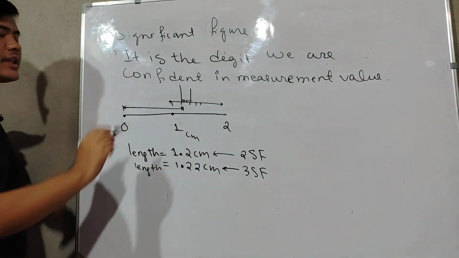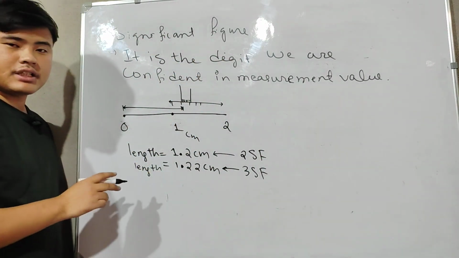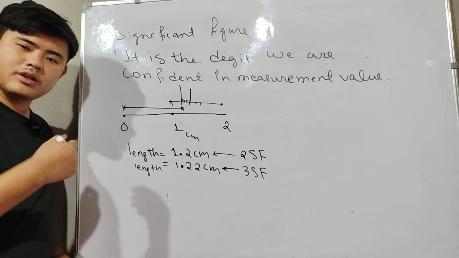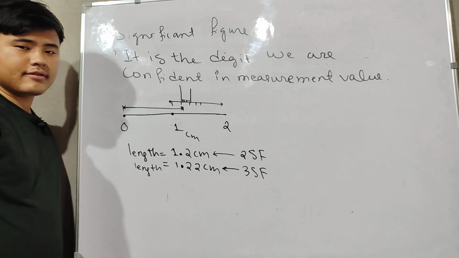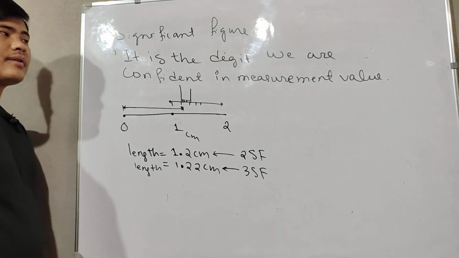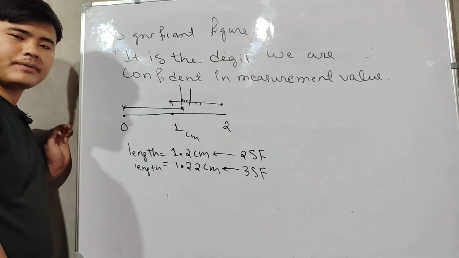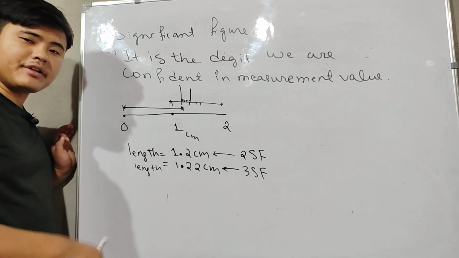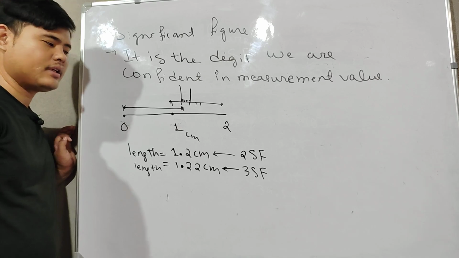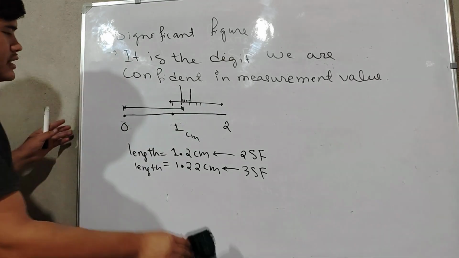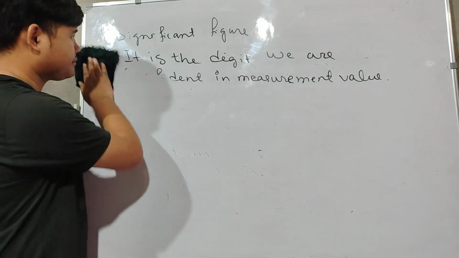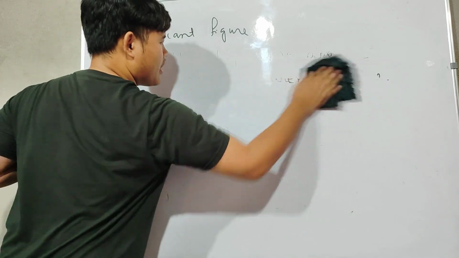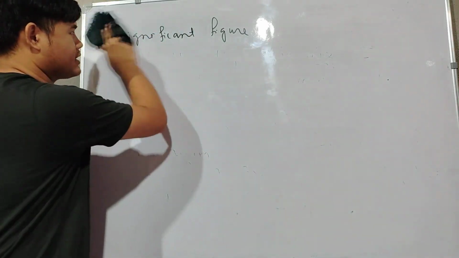These are the sure, certain digits, and they are called the significant figures. There are certain rules to identify significant figures that we should know. Let's write down those rules, and then we'll understand them one by one.